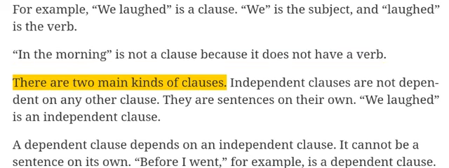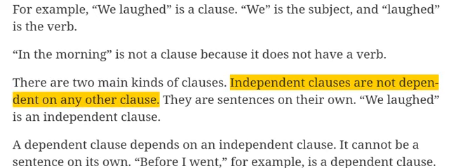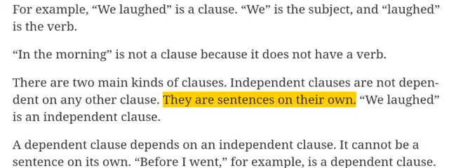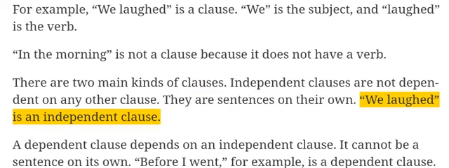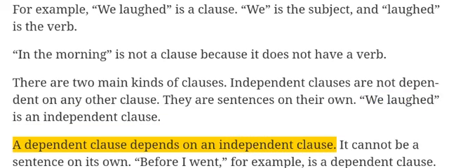There are two main kinds of clauses. Independent clauses are not dependent on any other clause. They are sentences on their own. We laughed is an independent clause. A dependent clause depends on an independent clause.